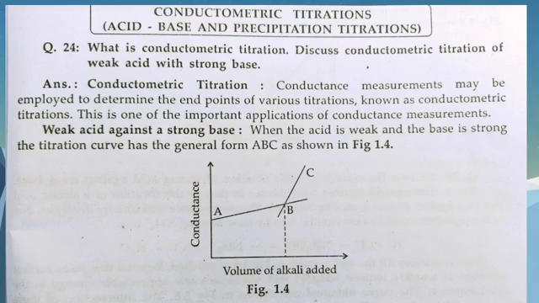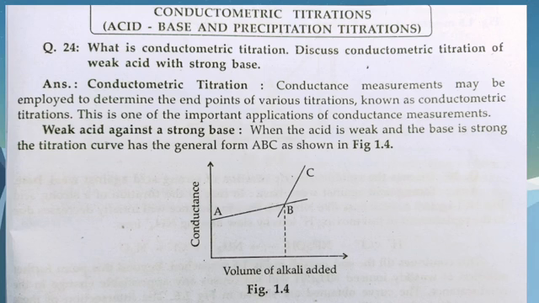strong base. So dear friends, in the given below graph you can clearly see how the graph will appear. When the acid is weak and the base is strong, the titration curve has the general form ABC. Why? Because our acid is weak and base is strong. So the graph will be as such.